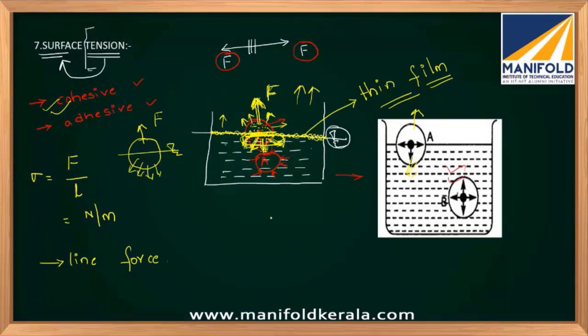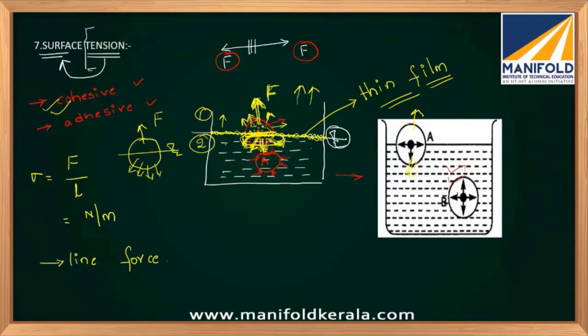Or clearly we can say that when two different interfaces of the fluid, like air and water, come in contact with each other, the molecules at the free surface will be half filled with water molecules, half filled with air molecules.